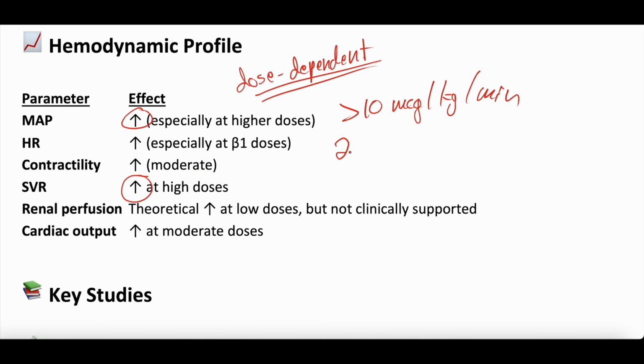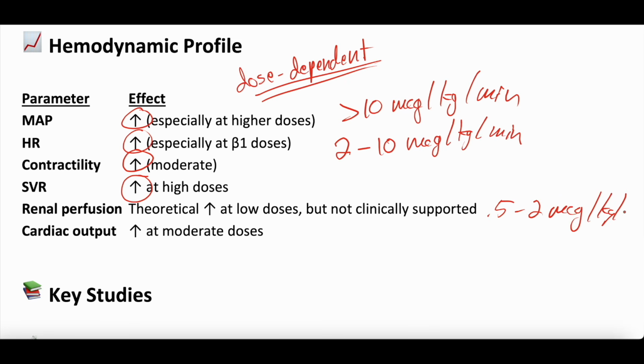At those medium doses, 2 to 10 micrograms per kilogram per minute, it primarily has beta-1 effects, which are going to increase heart rate and increase contractility. At those low doses that we don't recommend anymore, 0.5 to 2 micrograms per kilogram per minute, there's that theoretical increase in renal perfusion, but that is not a real thing. It's not clinically supported anymore. So hemodynamically, increase SVR and increase MAP at higher doses, increase heart rate and contractility at lower doses.